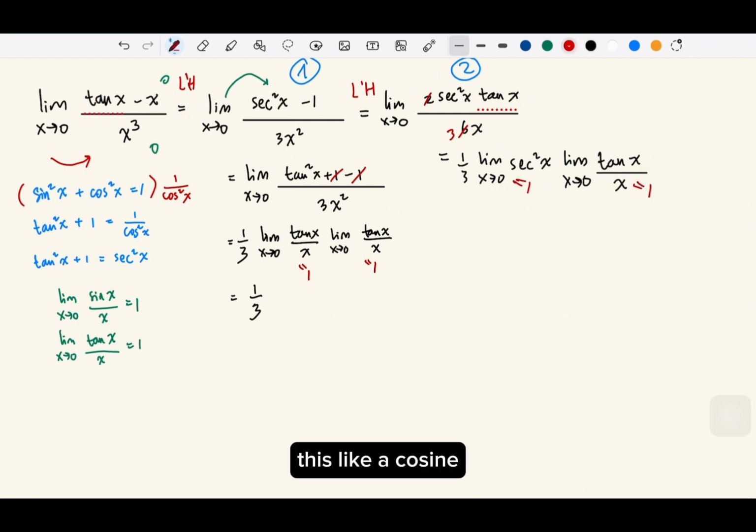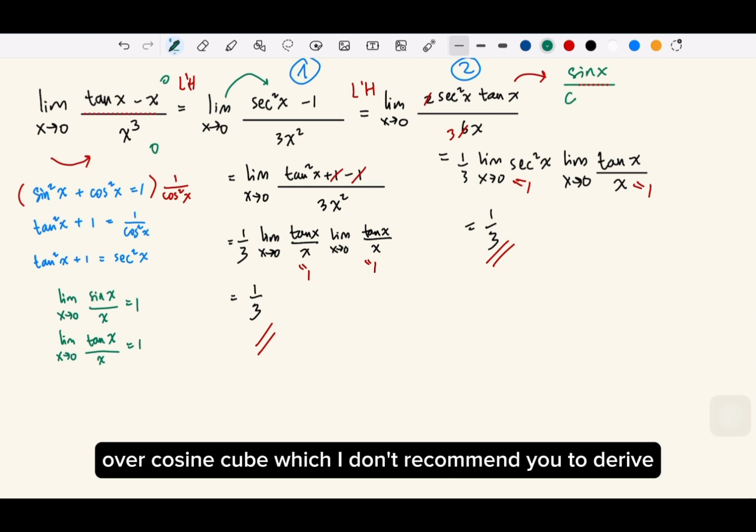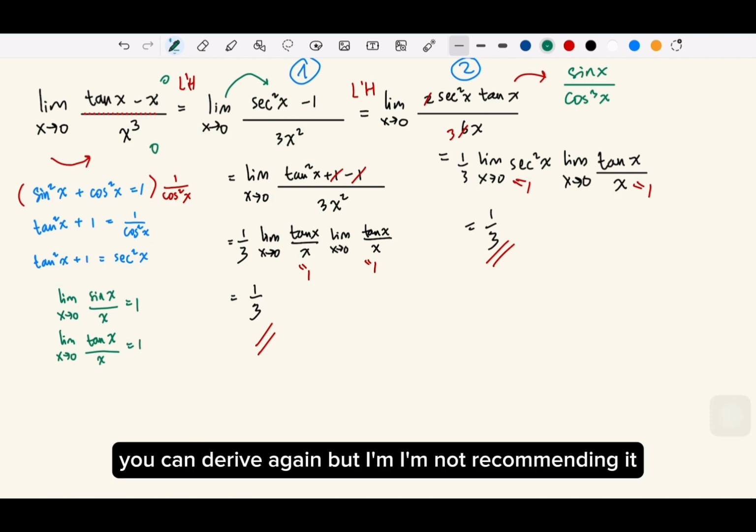Secant also equals 1, right? It's like a cosine. So you get 1 over 3. Or you could use sine x over cosine cubed, which I don't recommend you derive. You can derive again, but I'm not recommending it.